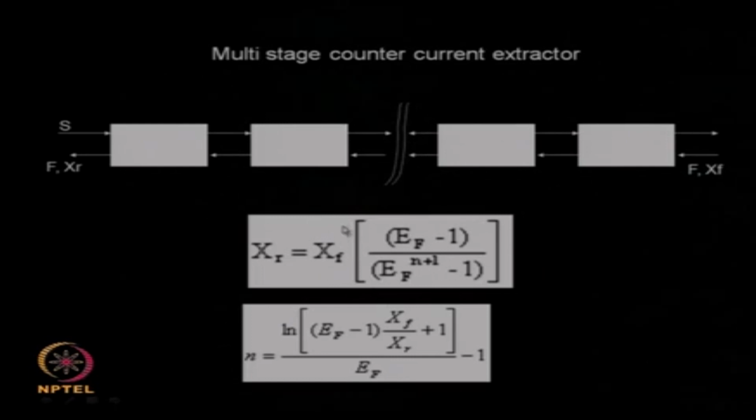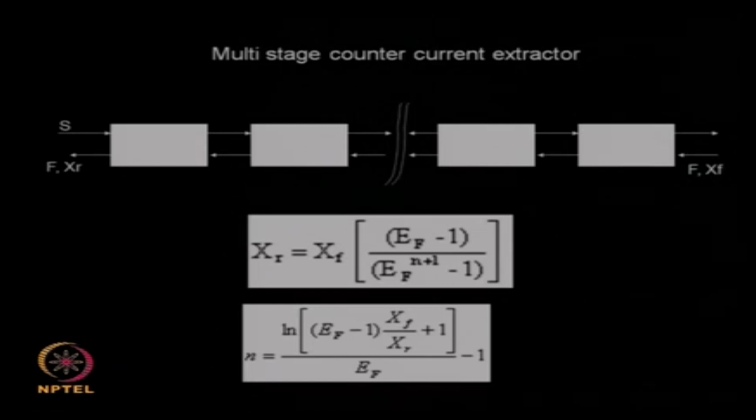So, what can we do with this equation? We can use this equation to see what will be the amount extracted, starting from a feed concentration of XF going down to XR, if I know the number of stages n, or conversely I can calculate the number of stages if I know what efficiency of extraction I desire, okay.